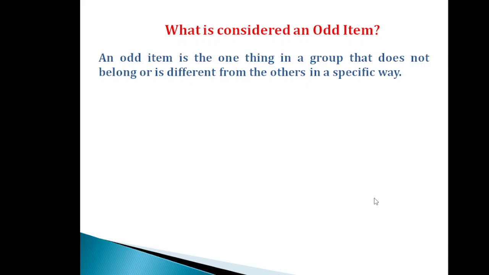You will be given a question about picking the odd atom, and the question will have options A to D. Of the A to D, three of these options belong to one category or one group.